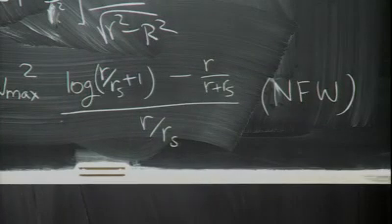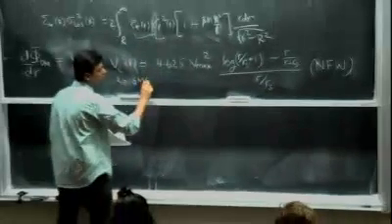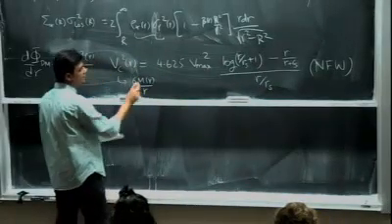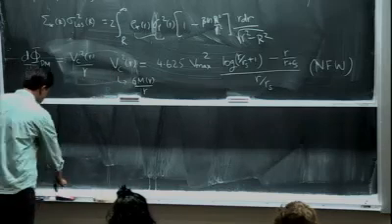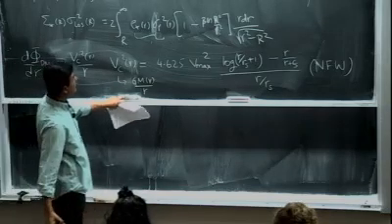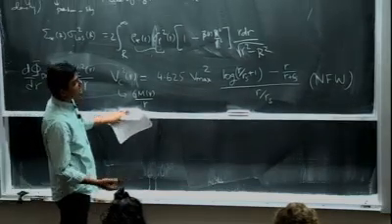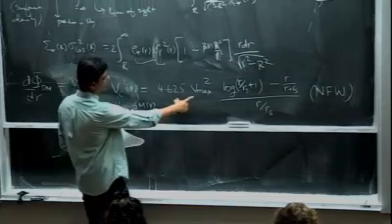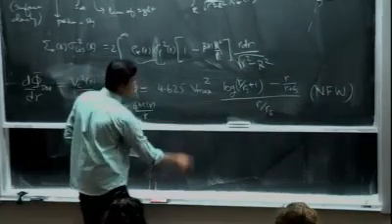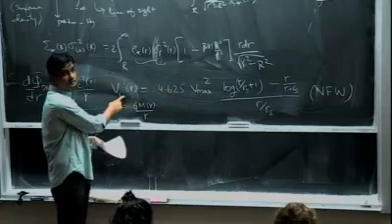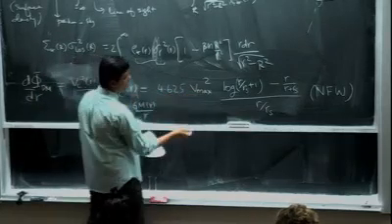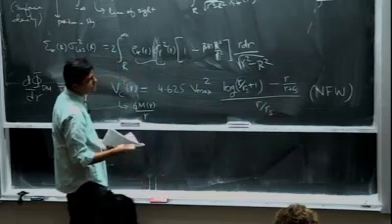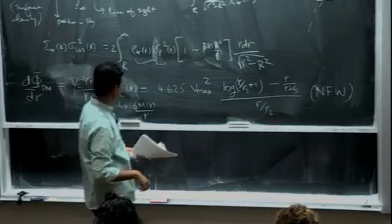So this thing is just GM over r, where M is the mass enclosed within the 3D radius. Normally, we write this in terms of density and some scale factor, but I've converted it to Vmax. So Vmax is basically the maximum of this function. This function attains a maximum when r is equal to 2.16 times rs.